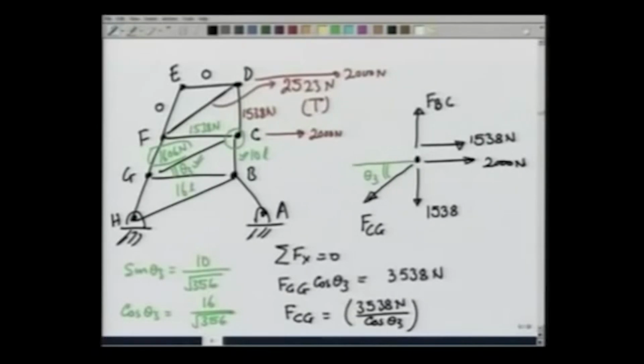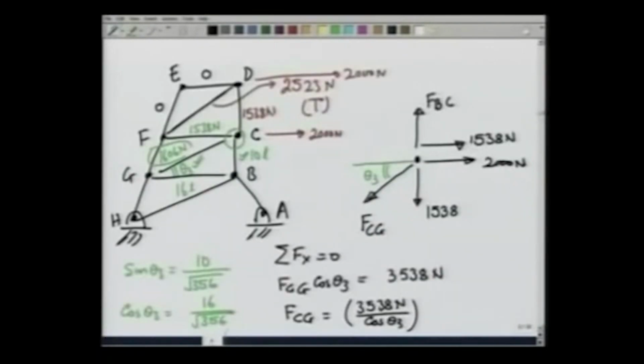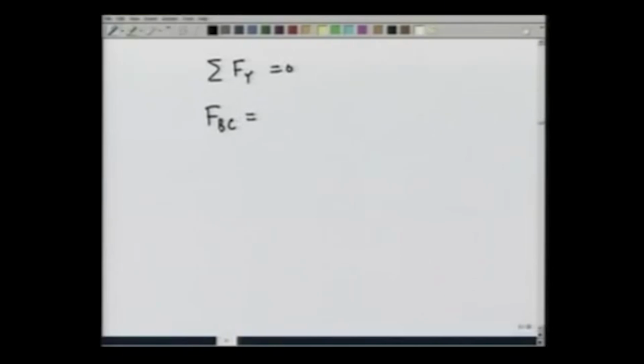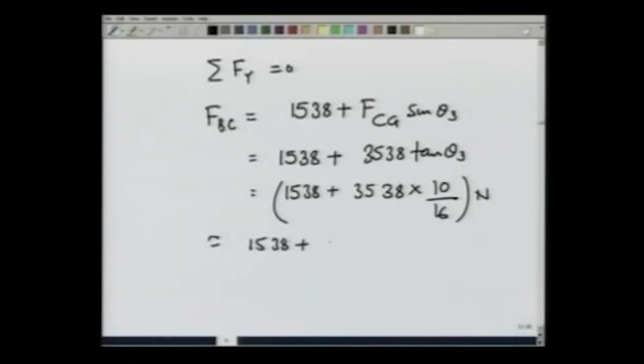Once I have known that, I can also calculate F_BC by saying that summation Fy equals 0, and that in this case gives me F_BC equals 1538 plus F_CG sine theta 3, which is 1538 plus 3538 tangent of theta 3, which is nothing but 1538 plus 3538 times 10 over 16 newtons, which is approximately 1538 plus 2,205, which is 3743 newtons, and is pushing point B up, and therefore this is compressive.